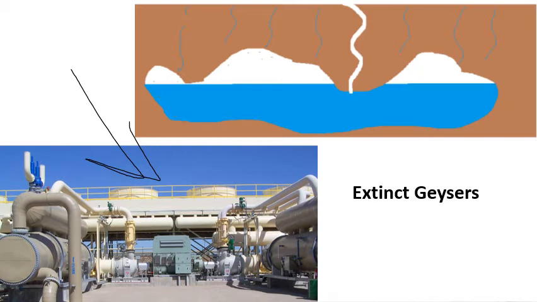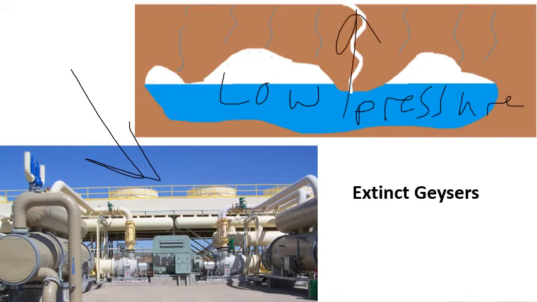So now the underground hot spring has too low of pressure to be able to push the water to the surface, because the electric plant is taking too much of the steam to make electricity. So this is a man-made situation where geysers can go extinct because we start messing with the plumbing.